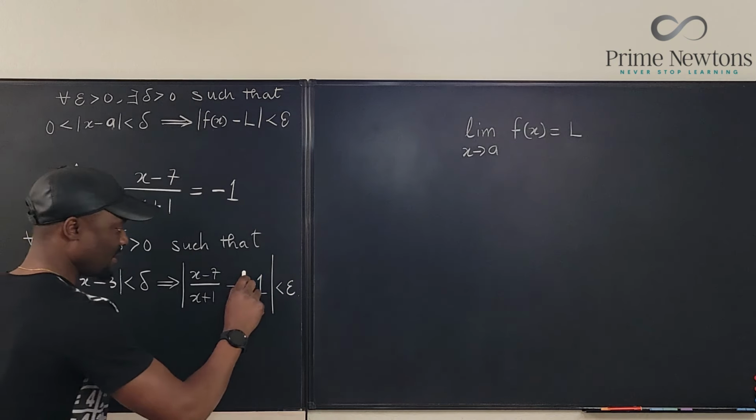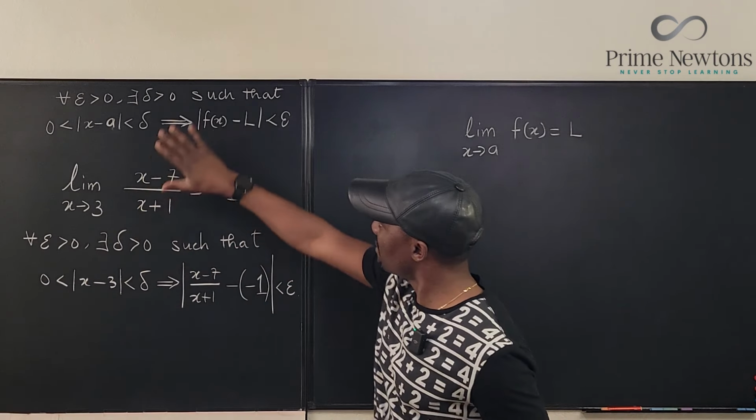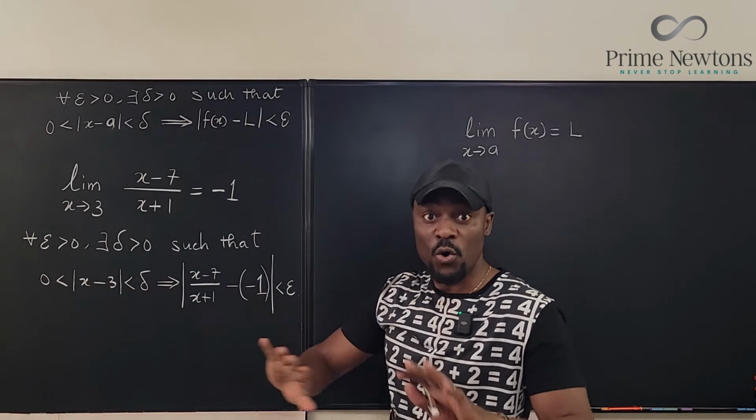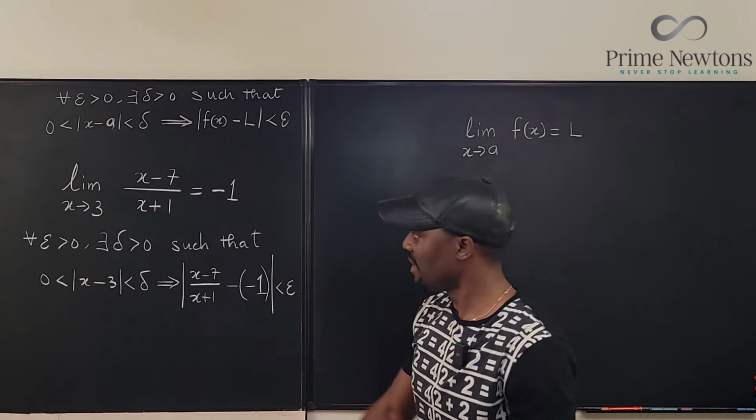This is the statement, let's put this in parentheses. This is the statement translated from here to here. And all we're going to do from now on will just be from this statement.